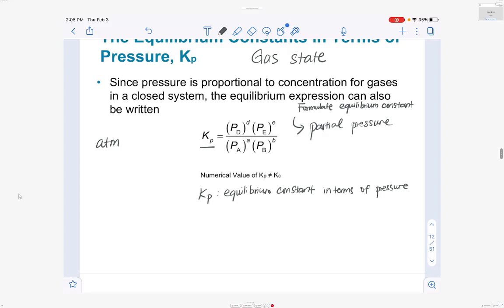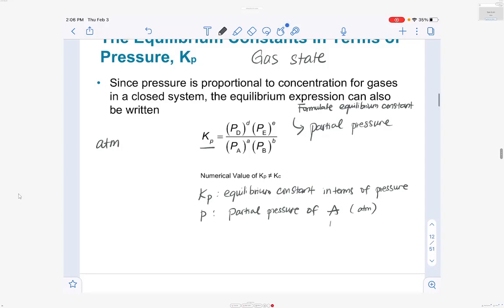And then P is going to be partial pressure of A, and the unit is normally atm, atmospheric pressure, okay? Partial pressure of A or B or C.